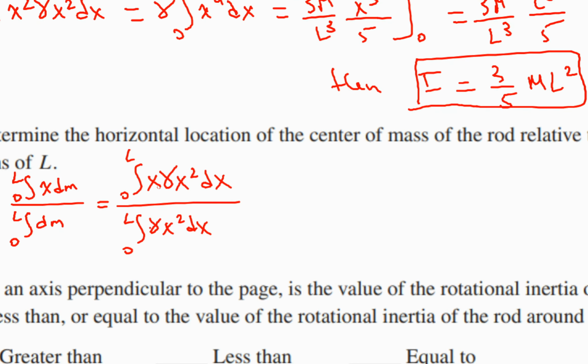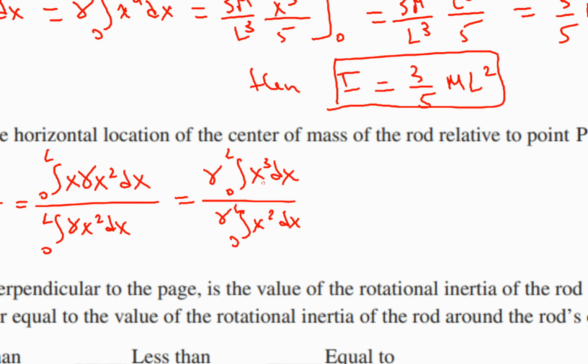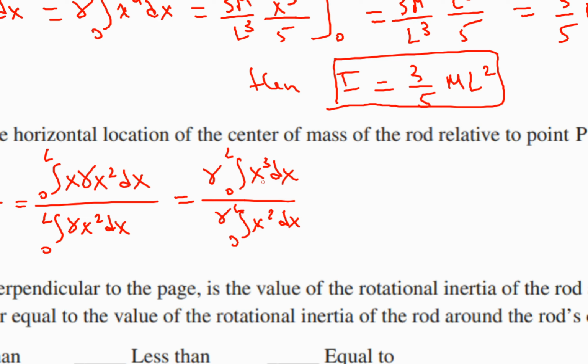Now in the numerator and the denominator, gamma as a constant can be dragged out, so that would be gamma integral from 0 to L of x cubed dx divided by gamma integral from 0 to L of x squared dx.